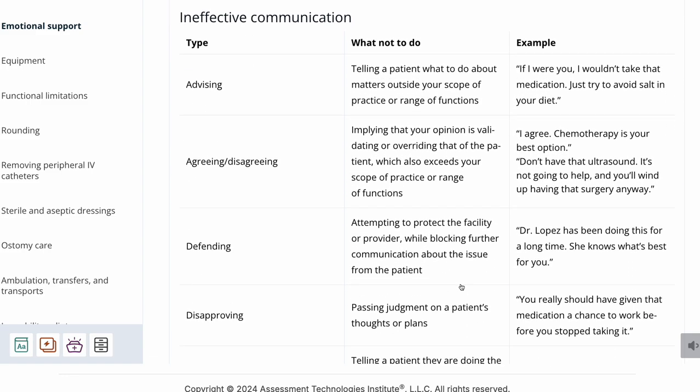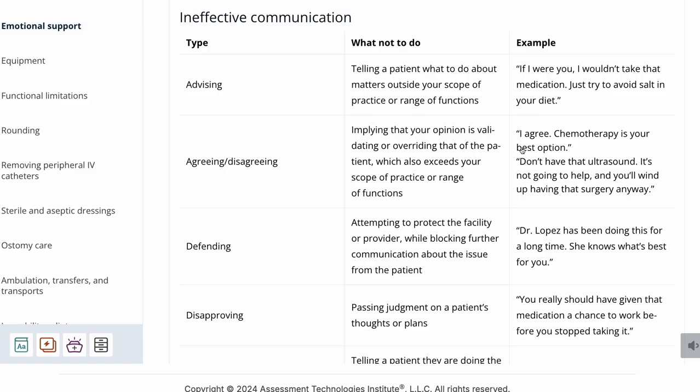Ineffective communication. Anytime you're feeling the need to tell the patient, if I were you, I would, blah, blah, blah, that's inappropriate because it's considered advising. And we are not, as patient care techs, ever to advise our patients. If we're agreeing or disagreeing, I agree, your chemotherapy would be the best option. That's none of your business.